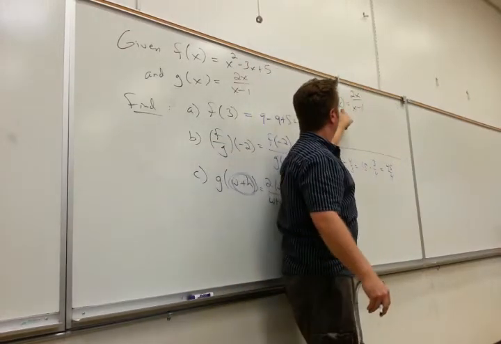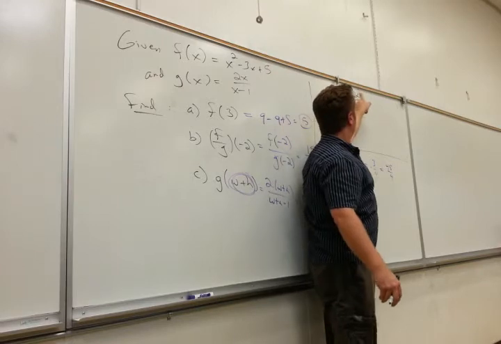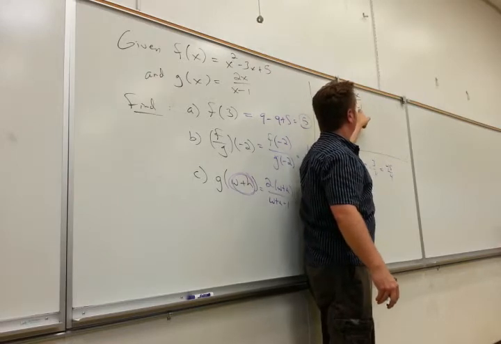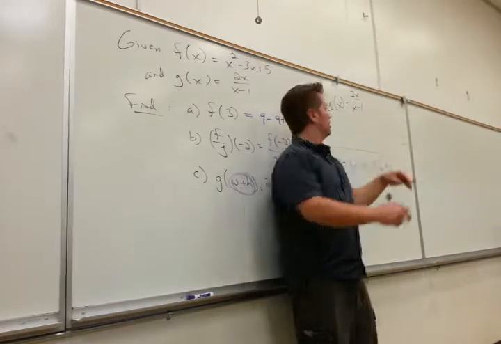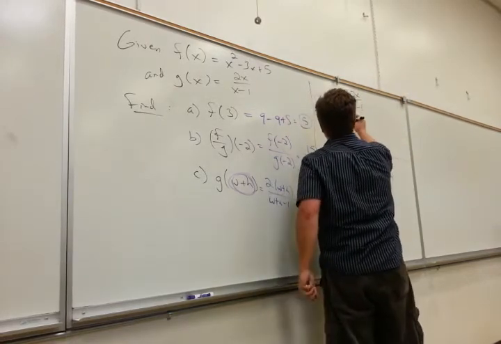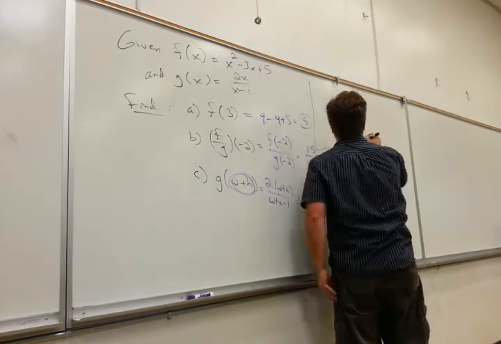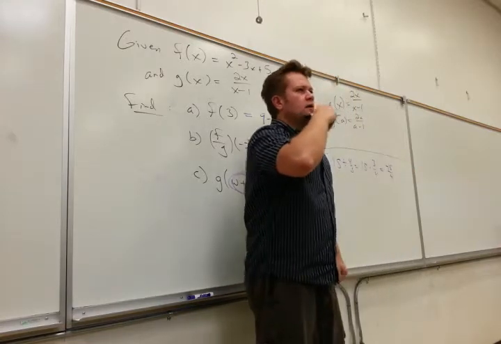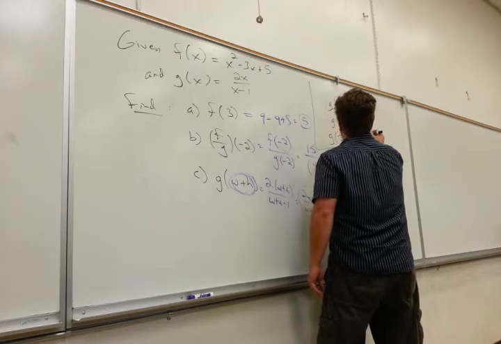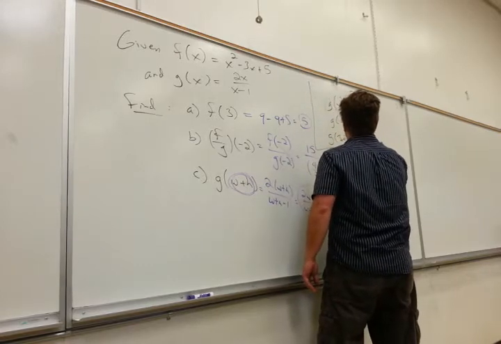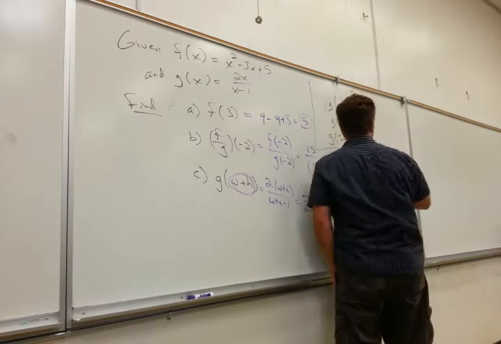It says whatever I put in this has to be doubled and then divided by 1 less than whatever that was. So if I put an A in there, it's got to be doubled and divided by 1 less than it. If I put a Jeff in there, it's got to be doubled, divided by 1 less than him.